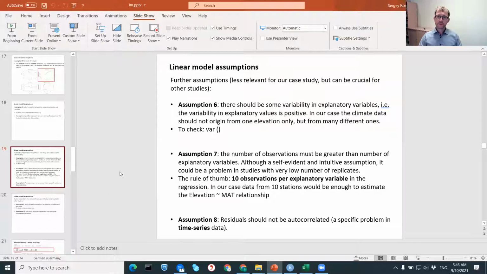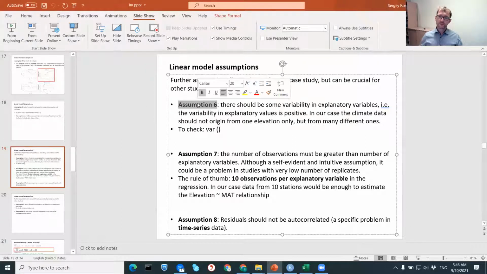Well, there are 4 more assumptions which are less relevant for our particular case study, where we compare elevation and mean annual temperature, but they might be important in other studies. Assumption 6: when you try to fit a model, either linear, non-linear, generalized linear model, whatever, you should have some variability in explanatory variables.